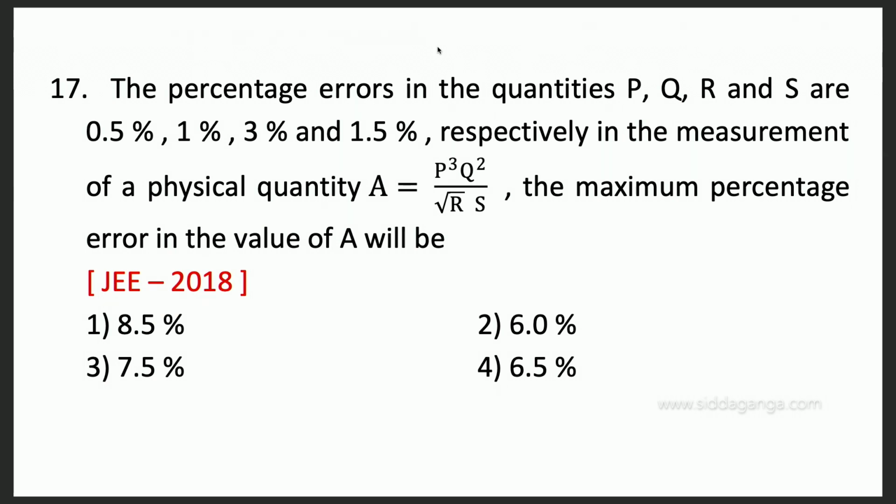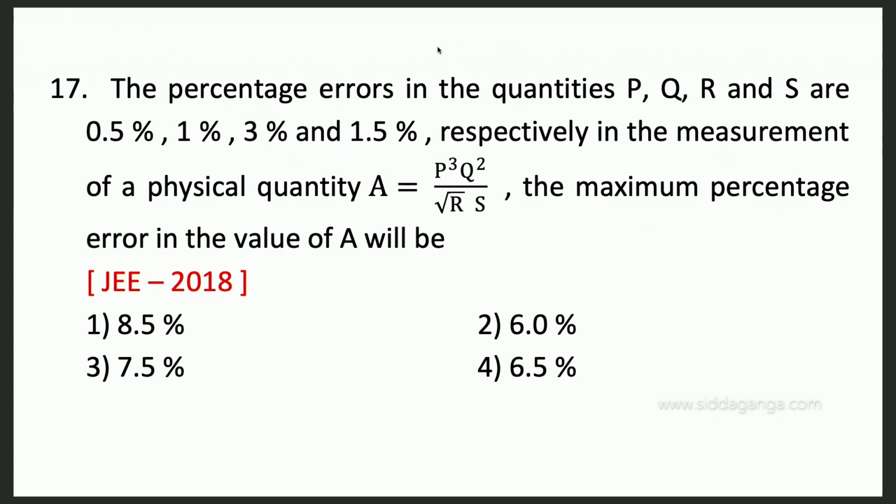The percentage errors in P, Q, R and S are 0.5, 1, 3 and 0.5 respectively in the measurement of physical quantities. Question 17, JEE 2018 paper: A equals P cube Q square by root R into S. What is the percentage error in A?